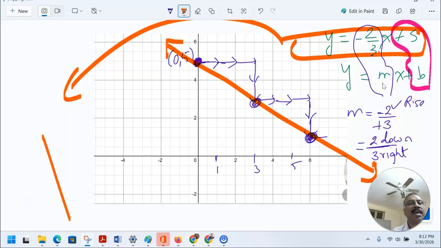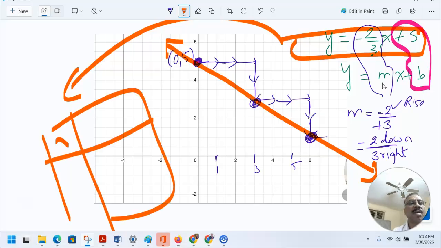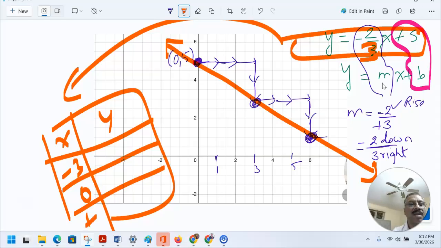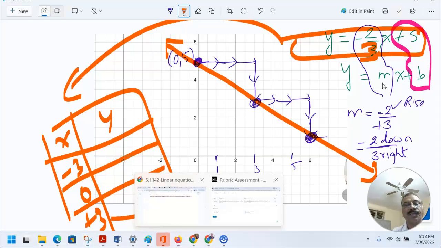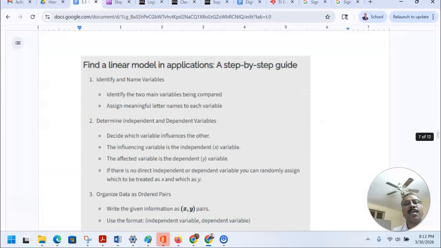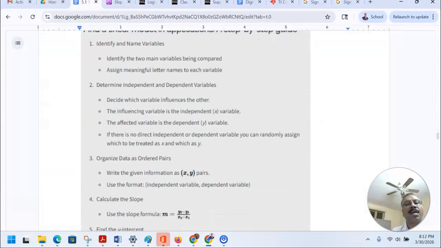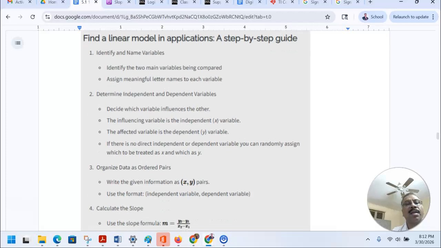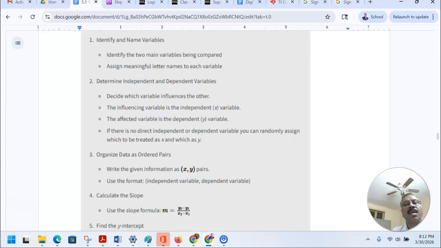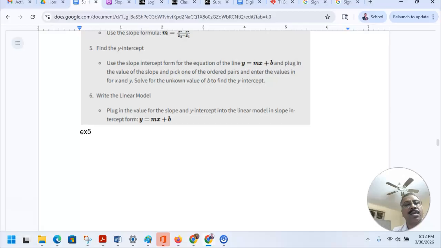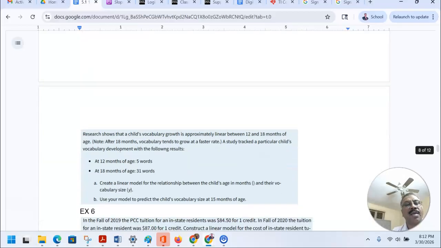Remember, we made a table with x and y, and I picked points like minus 3, 0, plus 3. So that's a different approach to do the same thing. Okay, now we have the example. This shows all the necessary information, and I'm going to go directly to example number 5. Here it is.